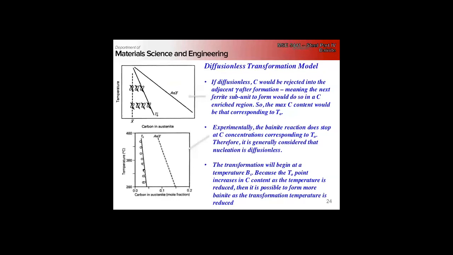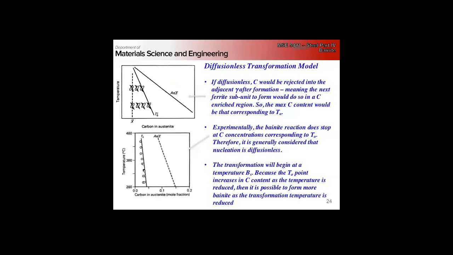And experimentally, this is what we see. I would say there is a general consensus. And anytime there is a general consensus, it means there is a strong, vocal minority who believes otherwise, that the nucleation of bainite is diffusionless.